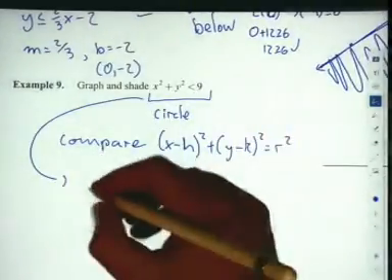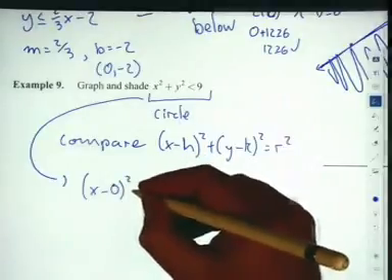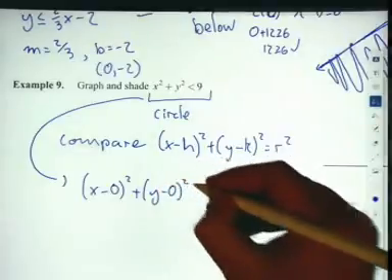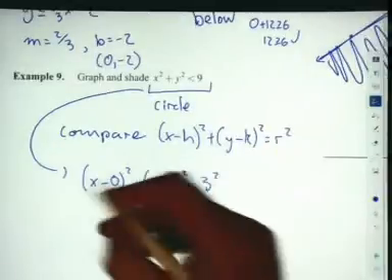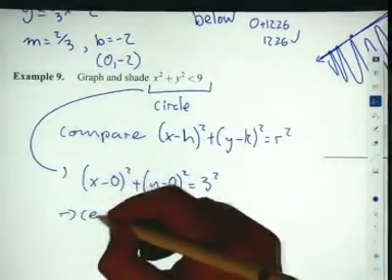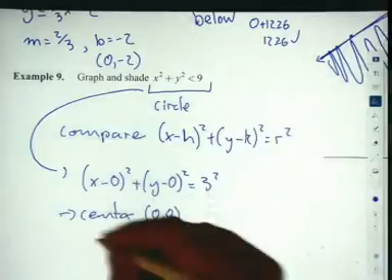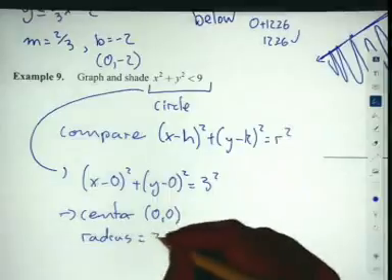I could rewrite this as x minus 0 quantity squared plus y minus 0 quantity squared is equal to 3 squared, which tells me that my center is at 0, 0 and my radius is 3.